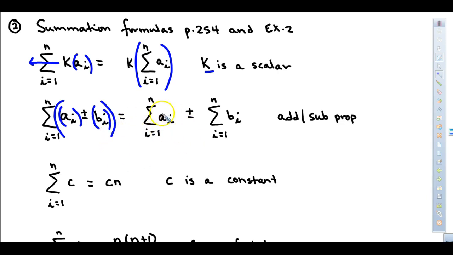Meaning that you can do the sum of each function separately. So you can give each one of these functions its own sigma notation symbol and break it up that way.